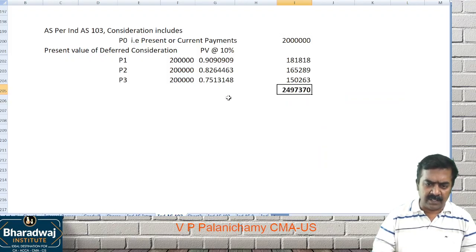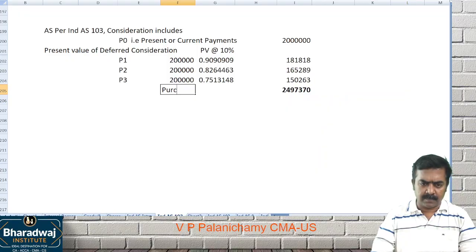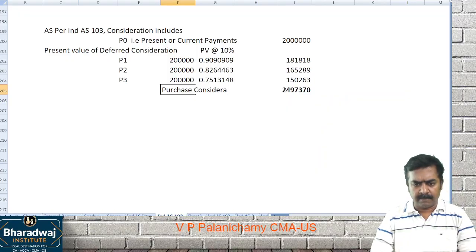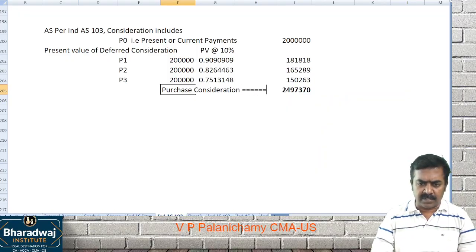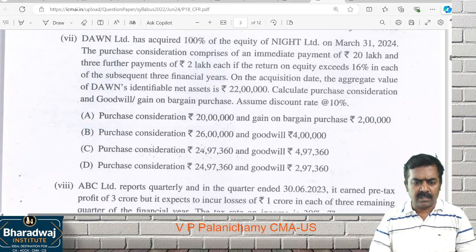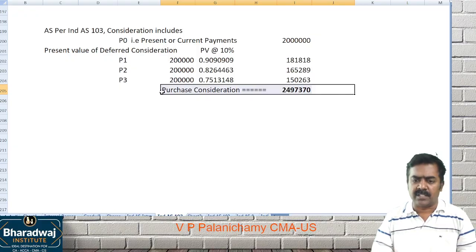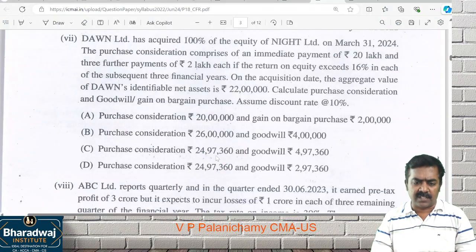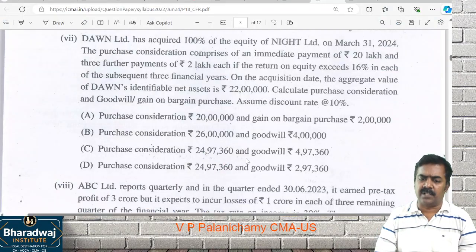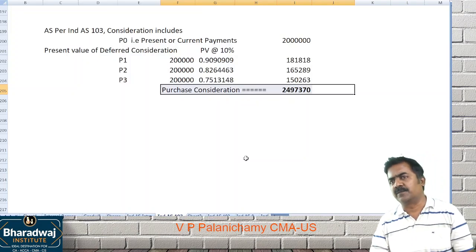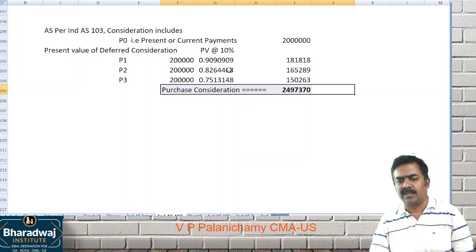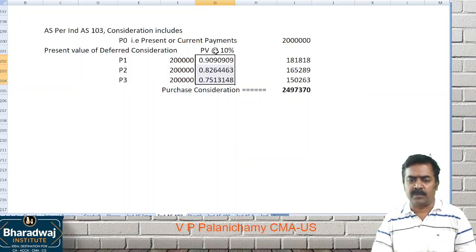So this is the meaning of purchase consideration. Purchase consideration: 24,97,370. They have given us 360. 24,97,316. That is because of the rounding up. The PV factor rounding up, and a 10 rupees difference can come.